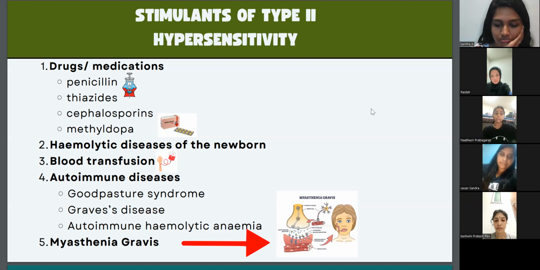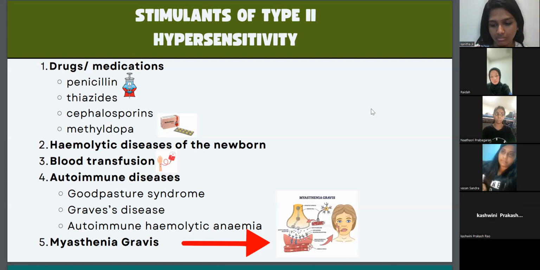The fourth one is autoimmune diseases such as Goodpasture syndrome, Graves' disease, and autoimmune hemolytic anemia, which can trigger the type 2 hypersensitivity reaction. In Goodpasture syndrome, the antibodies are directed against collagen in glomerular and alveolar basement membranes.